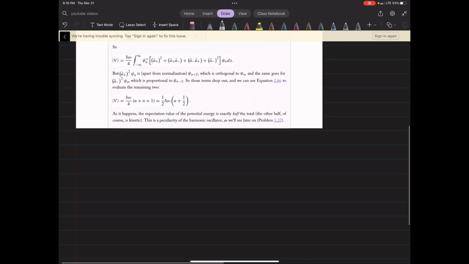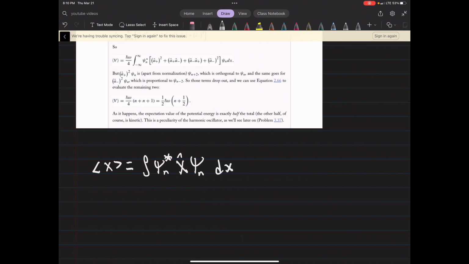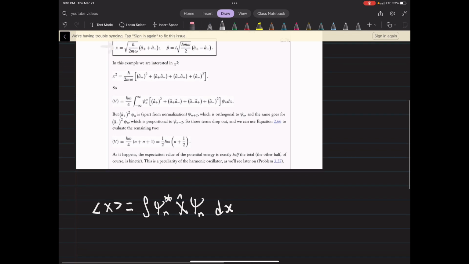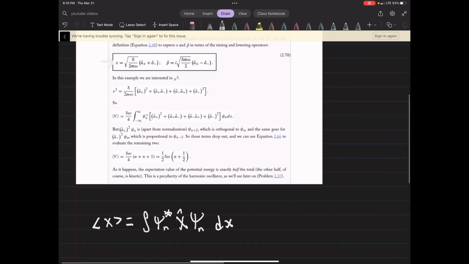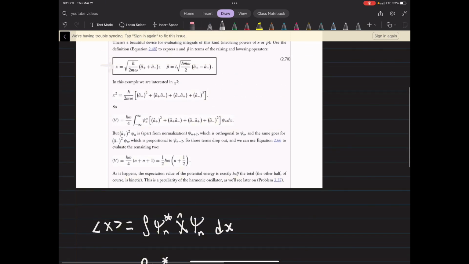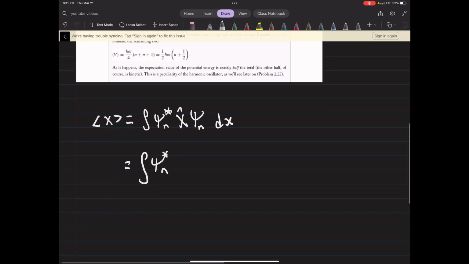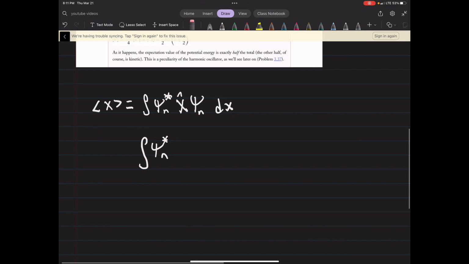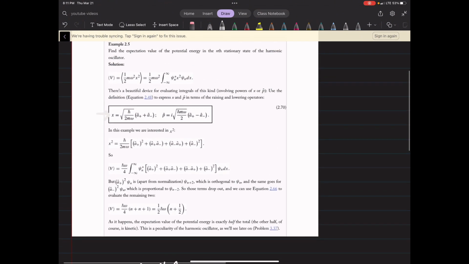Now, to find the expectation value of x, that's equal to the integral of psi star, the nth state, x operator, psi, the nth state, dx. And since x hat is given there, we can plug this into our integral. So it's the integral of psi complex conjugated. The h bar over 2m omega, I'm going to factor outside.